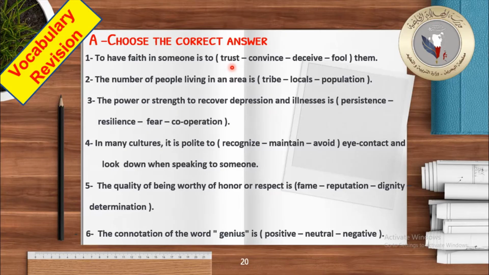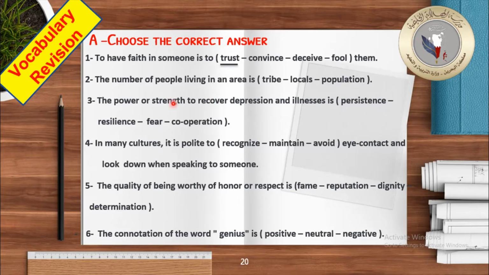Trust someone means you have faith in someone, so it would be trust. Well done. Number two, the number of people living in an area is tribe, locals, population.